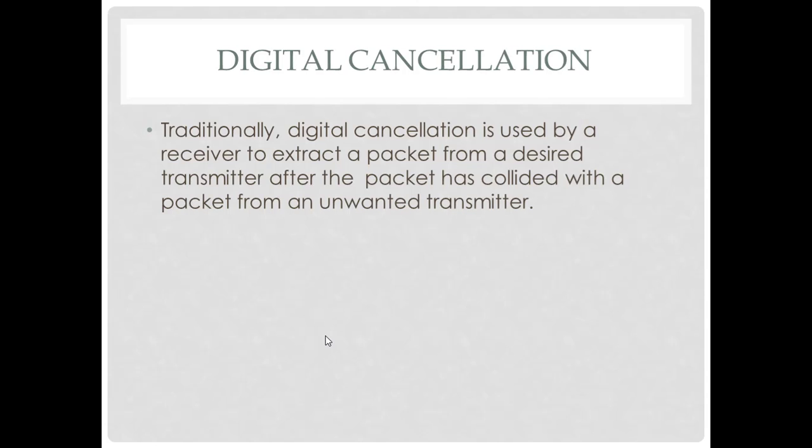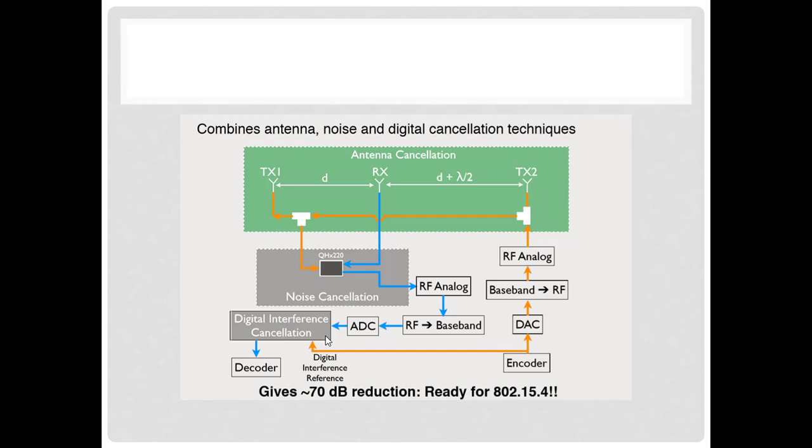So now, using all these techniques, like antenna cancellation here, and then radio frequency interference cancellation using this circuit, for example QHX220, after analog to digital conversion we use digital interference cancellation, and then we get a clean signal, clean information.